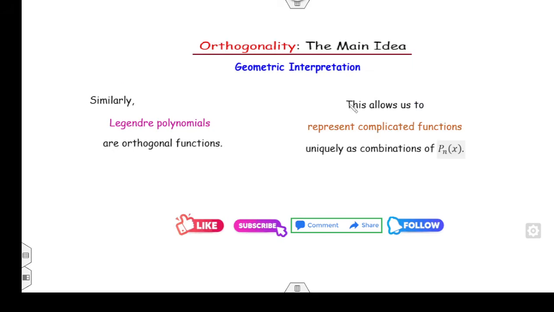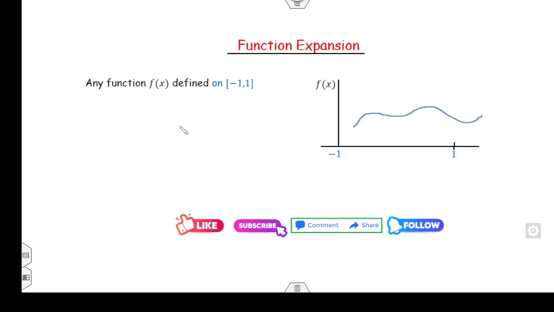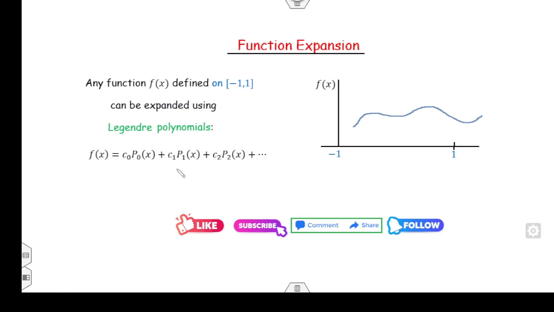So that implies once they are orthogonal, you can easily write a function as a linear combination of the polynomials. For example, any function f(x) defined from -1 to +1, you can easily define as a linear combination of the Legendre polynomials, c0, c1, c2, c3, and so on, because the Pi's are my Legendre polynomials, and in the spherical world they form the basis.